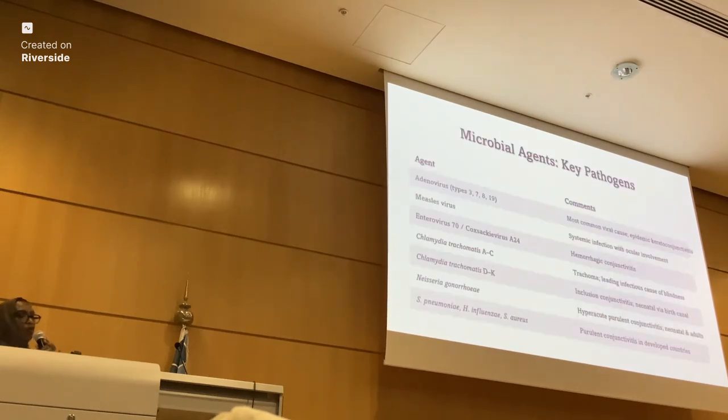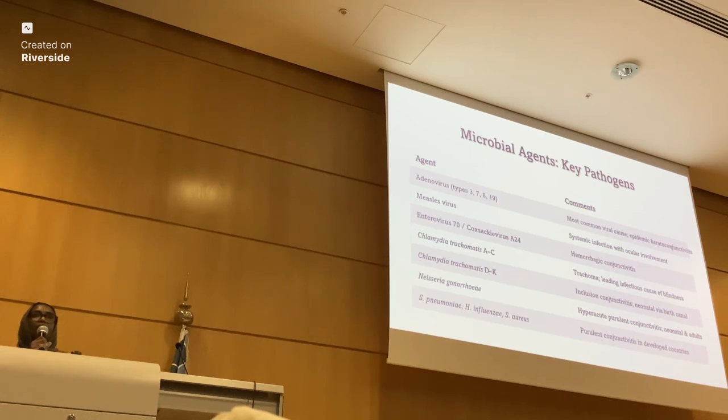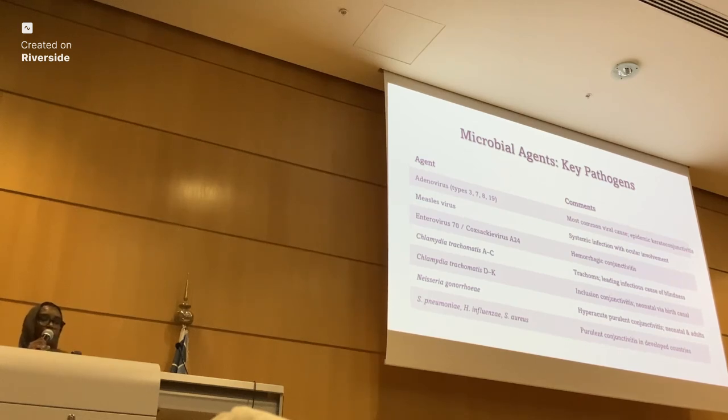All right, so we talk about microbial agents. I said viral is on top of the list. Bacteria is mainly in children. But still, viral and bacterial could be in all age groups, but you have to remember it's viral most of the time. The viral agents that cause conjunctivitis are adenovirus types 3, 7, 8, and 19, and measles, which we talked about.